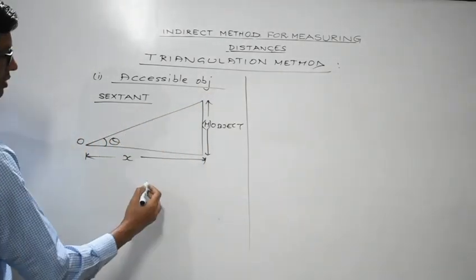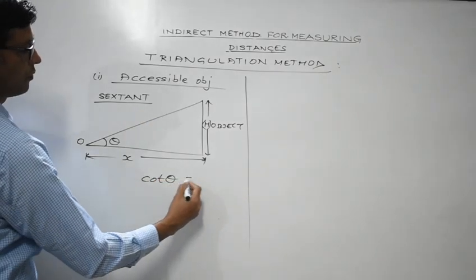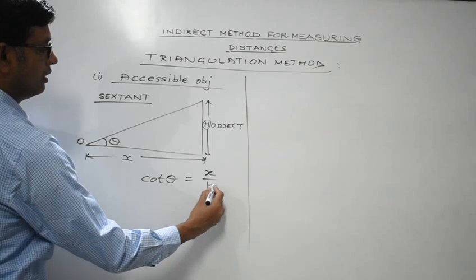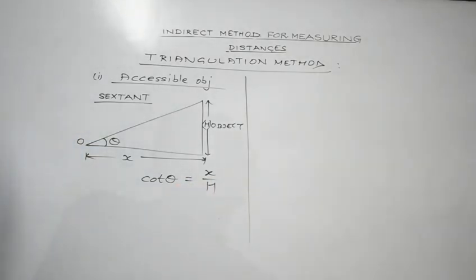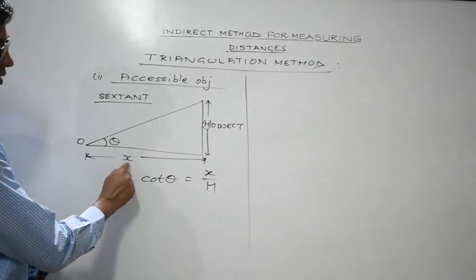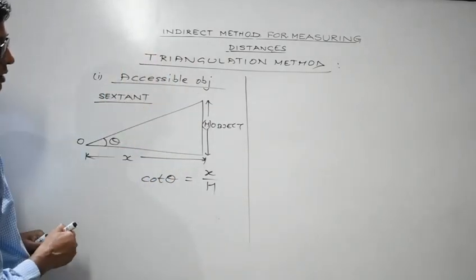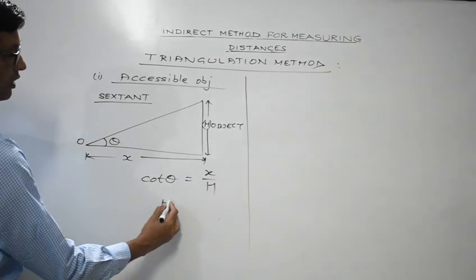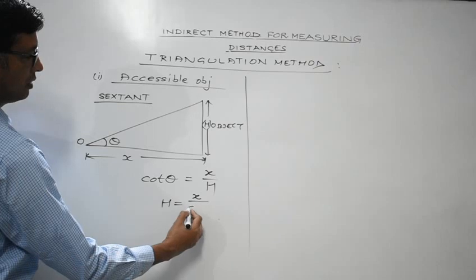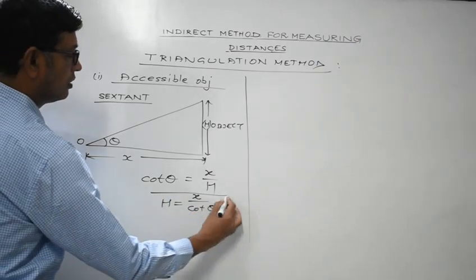Now if you consider cot theta, it is base by perpendicular, x by h, right? So base is x, and h would be equal to x by cot theta.